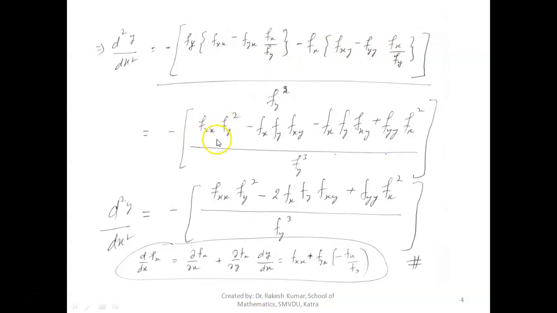Simplifying things, multiply by fy here and take fy into the denominator, so this becomes fy cube. So this is the value of d²y/dx².